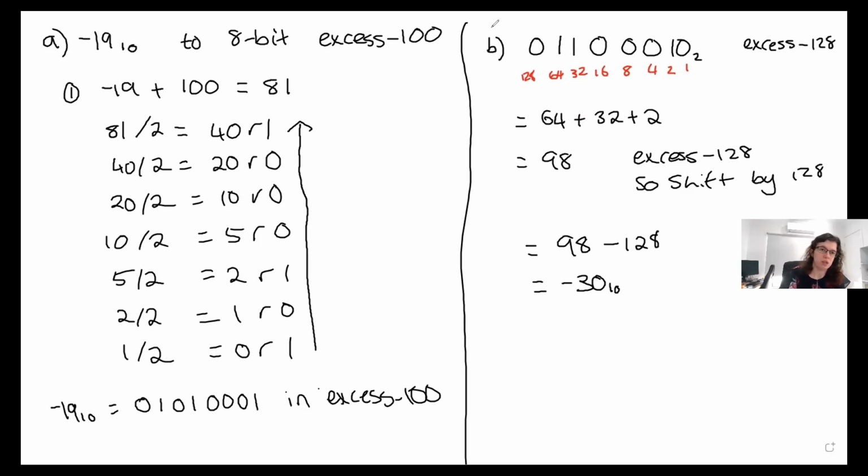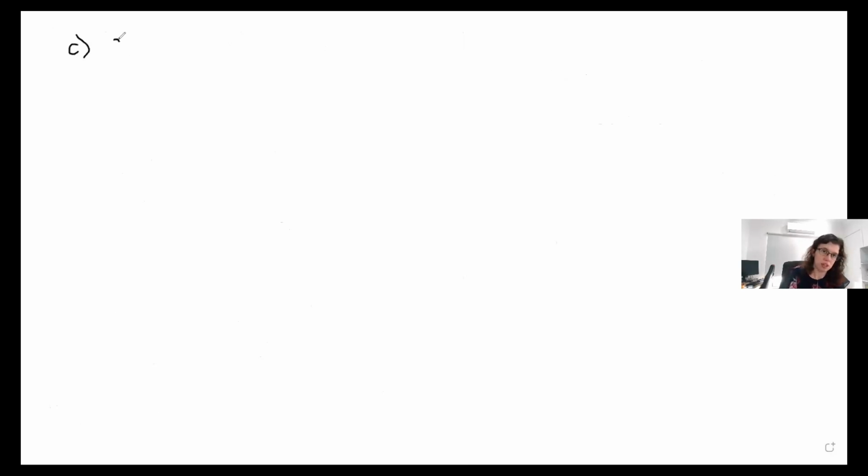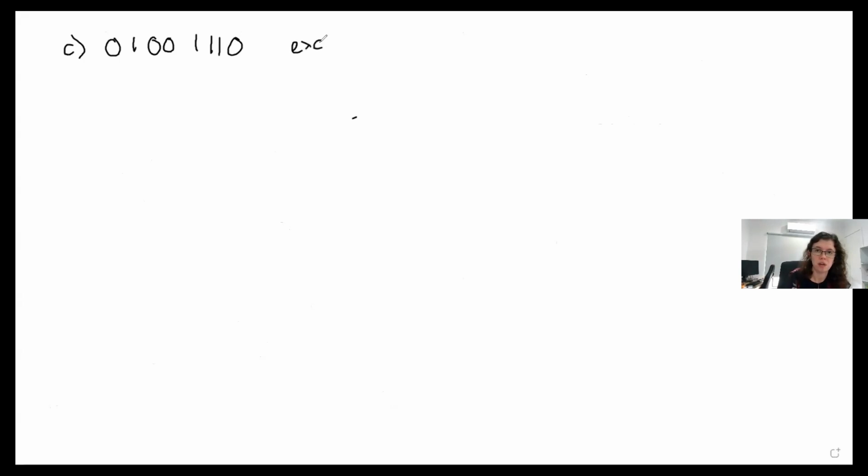The last question was converting 0, 1, 0, 0, 1, 1, 1, 0, which was in XS 64, I think. Yep, XS 64. So again, we can have a look at our place values. I'm going to write them in again just so that we're really throwing this in.